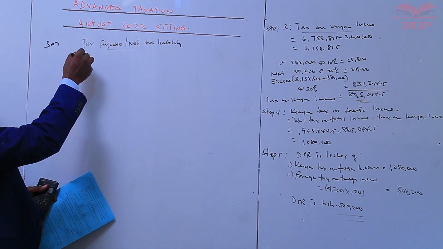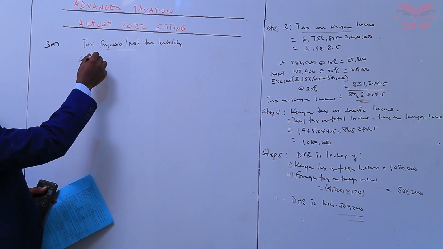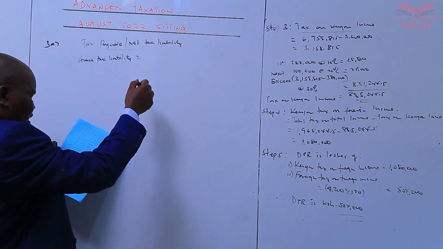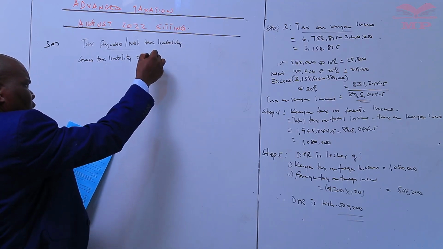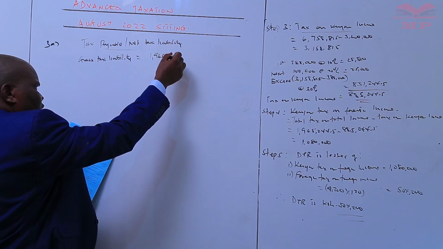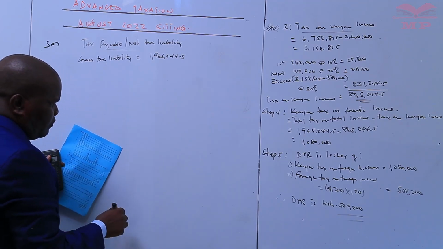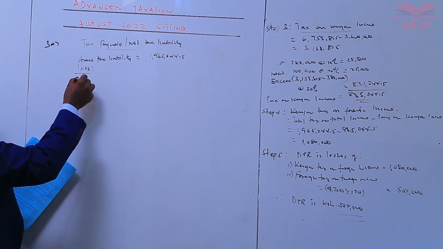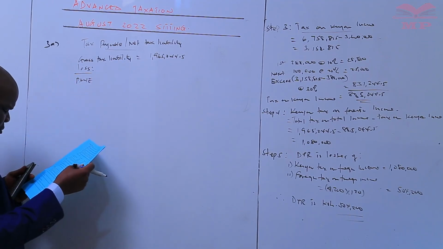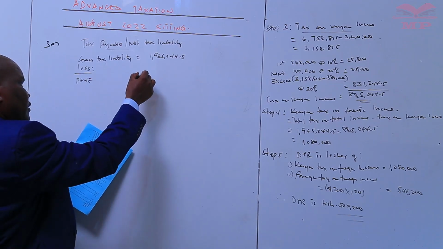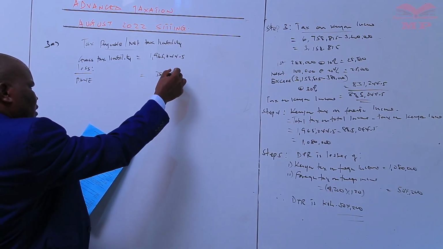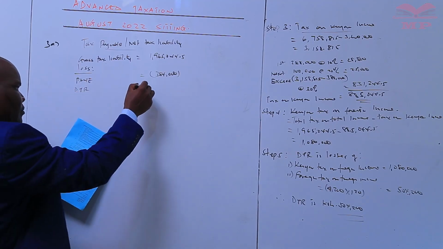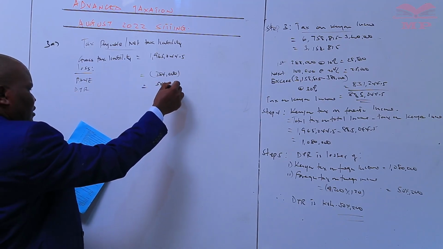We start with gross tax liability, which is the one from step 2, 1,965,044.5. Then we say less 1, PAYE, that is the PAYE paid in Kenya. The PAYE paid in Kenya, we are told, was 384,000. 2, we have double taxation relief, which we have determined to be 504,000.